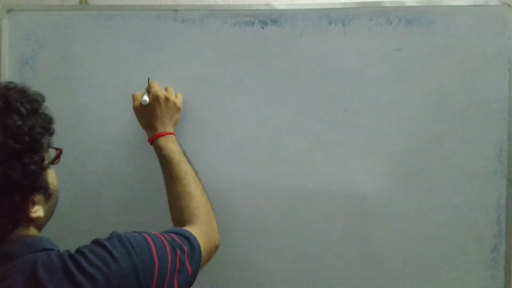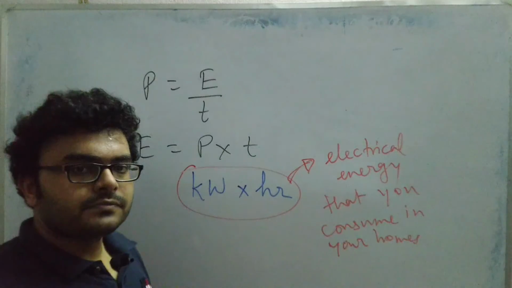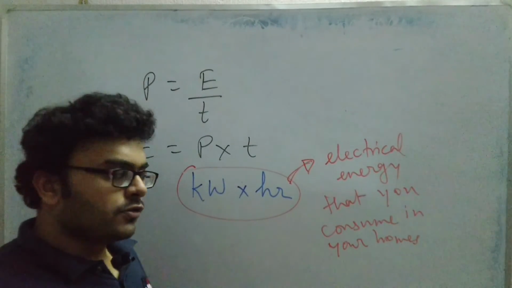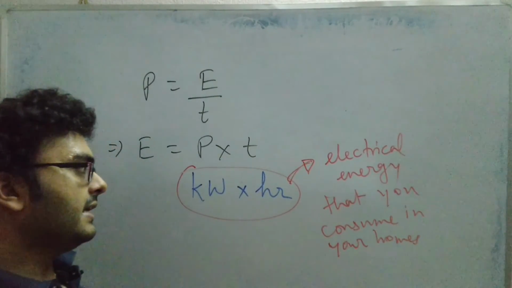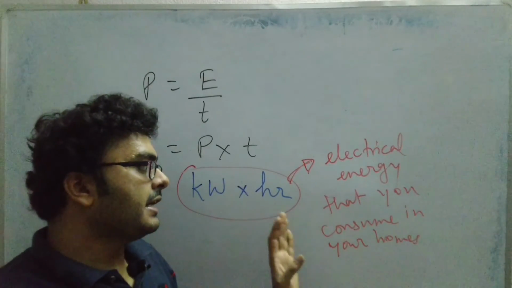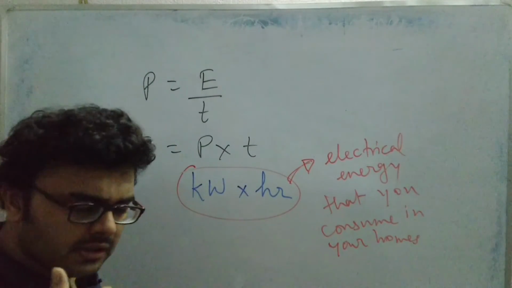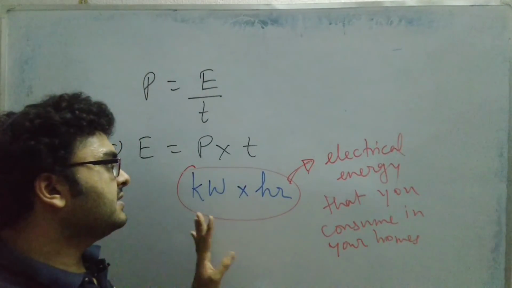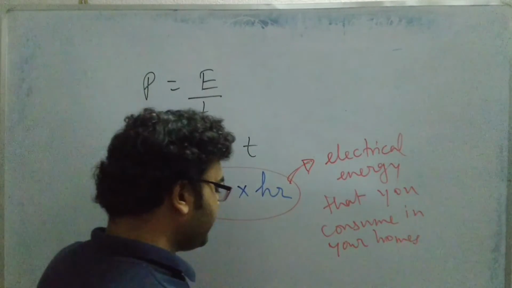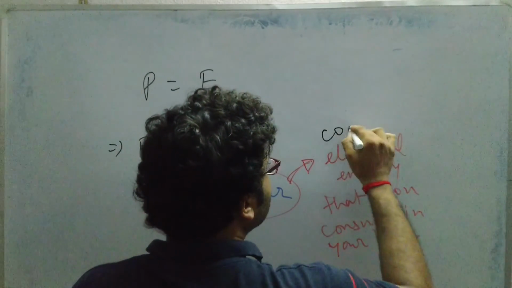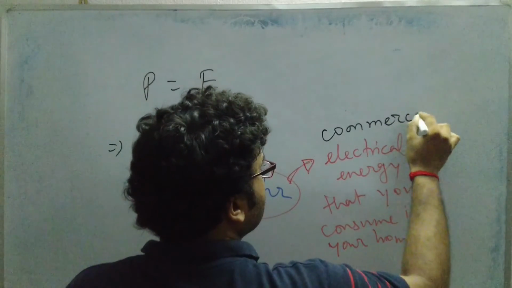We know that power is equal to energy by time. So kilowatt hour is the unit for the electrical energy that you are consuming in your homes or offices or anywhere. Basically this is a commercial unit for electrical energy.